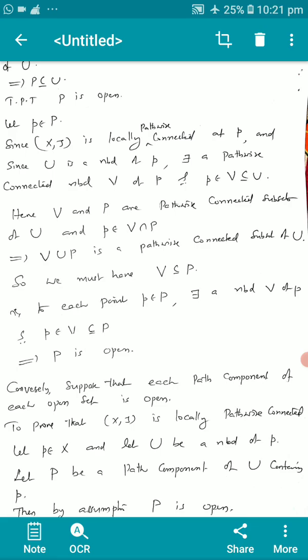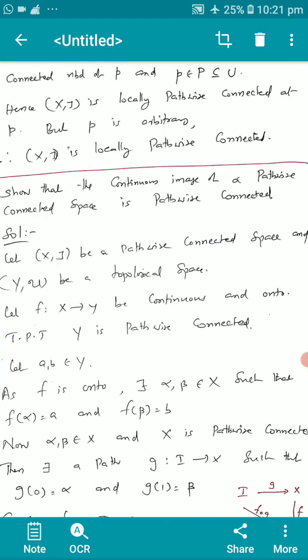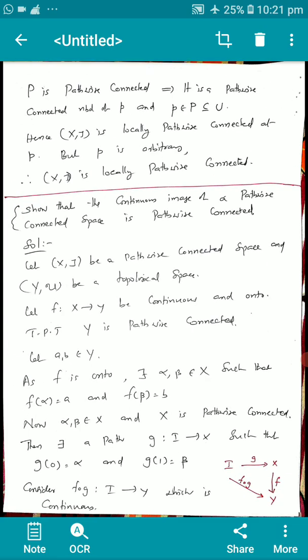Then by assumption P is open, and P is path connected, so it is a path connected neighborhood of small p, and small p is an element of capital P which is a subset of or equal to U. Hence X is locally path connected at this point p. But p is an arbitrary point. That means X is locally path connected.